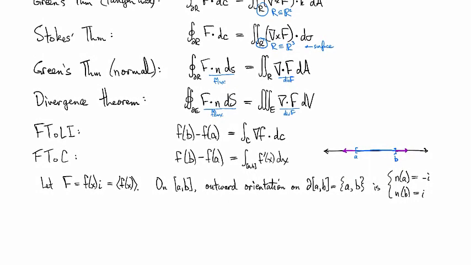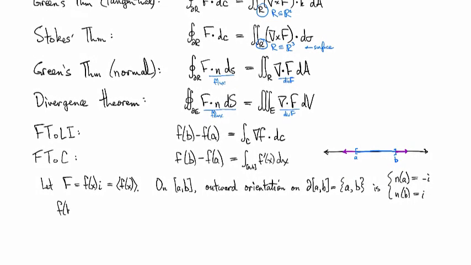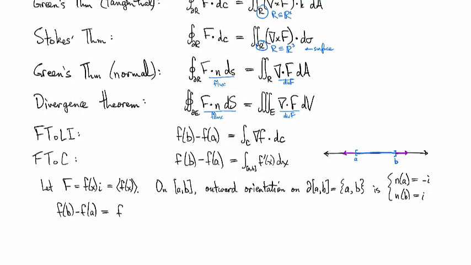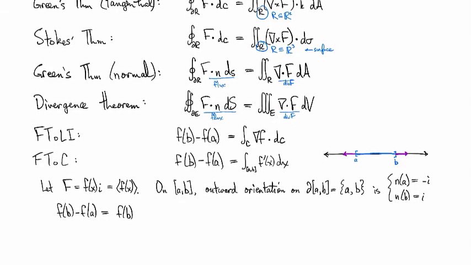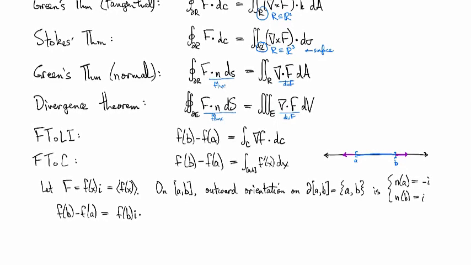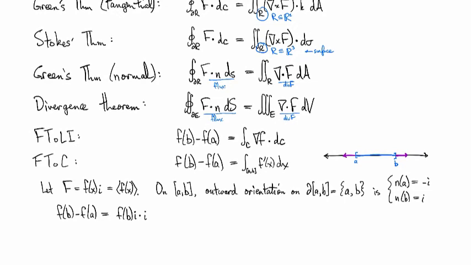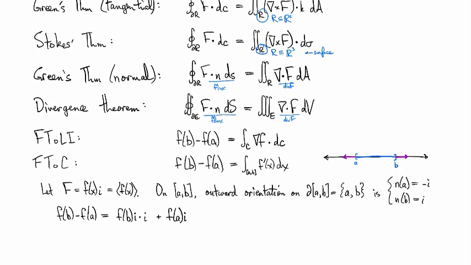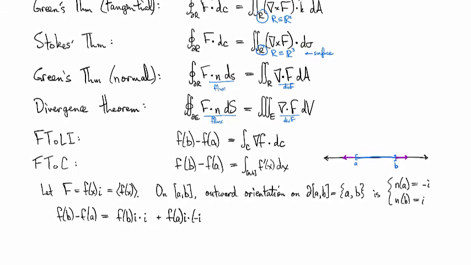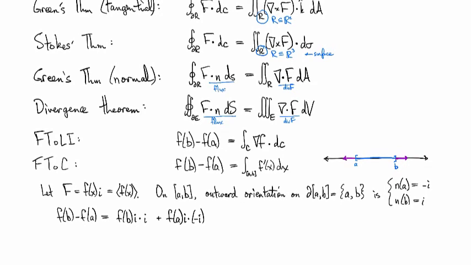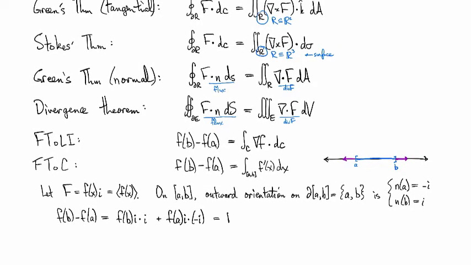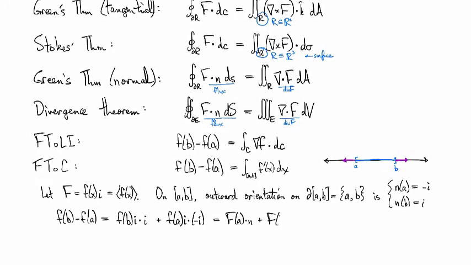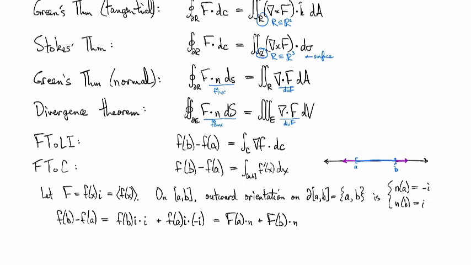Alrighty, so then if I look at F of b minus F of a, what is that really? That's F of b i dotted with i at that end, plus F of a i dotted with the normal vector minus i at that end. So that would be the fully expanded form of capital F(a) dot n plus capital F(b) dot n.